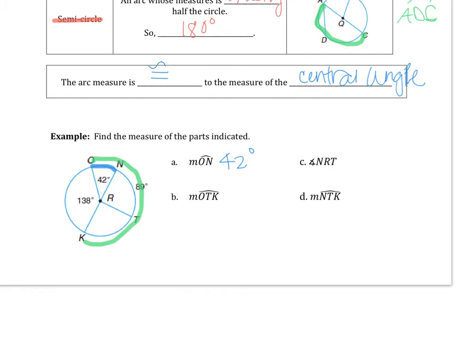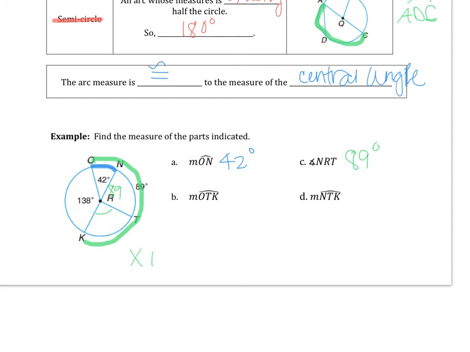Looking at angle NRT, I see that it intercepts that arc, so that angle is 89 degrees. And that's going to help me then determine this missing angle here. So this is 89. And if you guys can recall, that semicircle is 180 degrees.